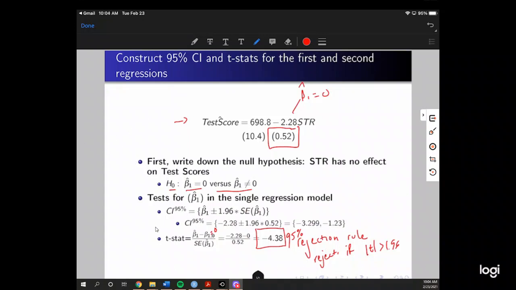So we reject with 95% confidence. The confidence interval is just going to be the coefficient plus or minus 1.96 times 0.52, and so if you do this you would get negative 3.299 to negative 1.23. So that's the set of values we cannot reject with 95% confidence.